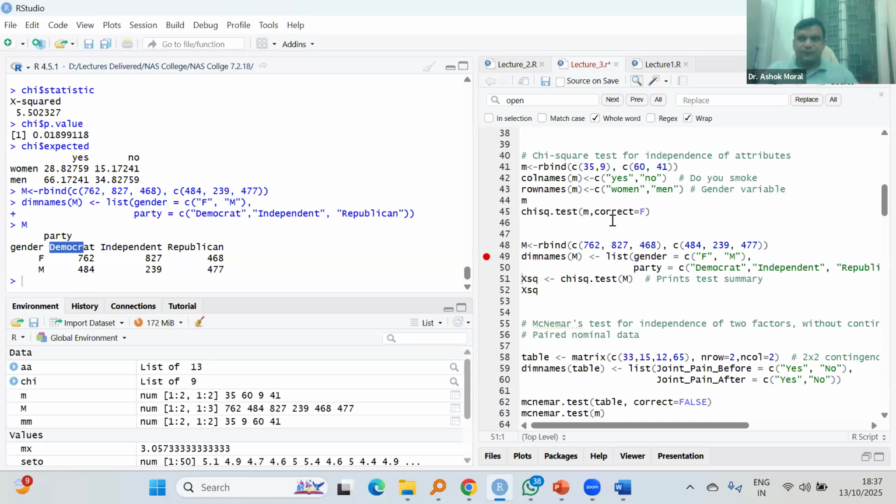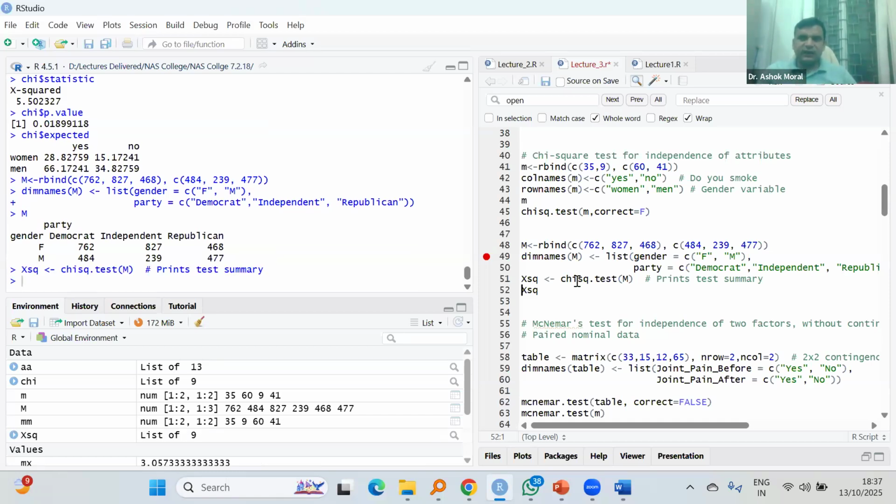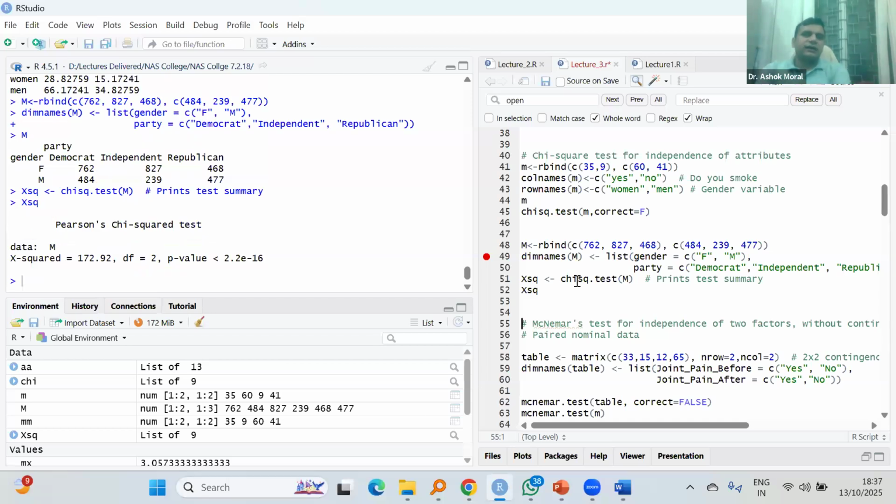And then this is chisq.test and chi dollar. Again, there is an association between gender and party voting or party liking, कि आप कौन सी पार्टी को like करते हैं, Democrat, Independent और Republican. So this is all these things. Is it clear to all of you?